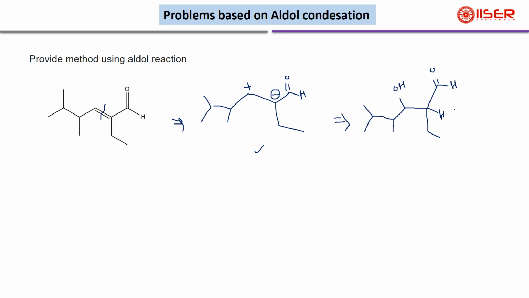After that, if you break this double bond again, if you break this bond also, now as OH is attached, a positive charge at this center will be stabilized by this OH. So we are keeping a positive charge at this carbon and a negative charge on this carbon.